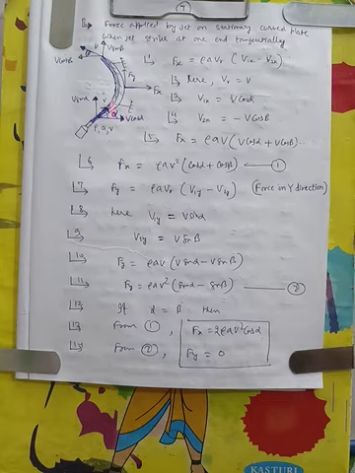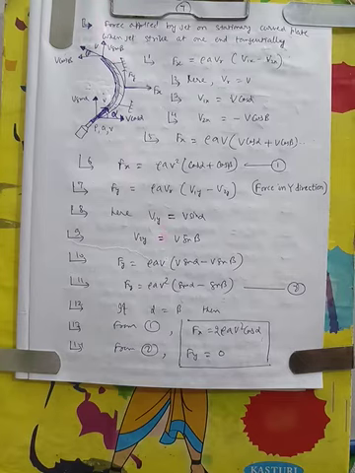So again, if I want to find the force along y direction, then Fy will be rho a Vr, which is common for both, and here the initial velocity along y direction minus the final velocity along y direction. So V1y will be V sin alpha, and here V sin beta.